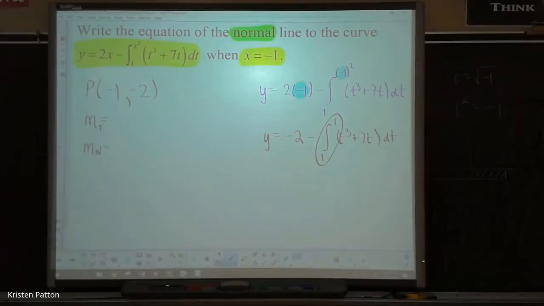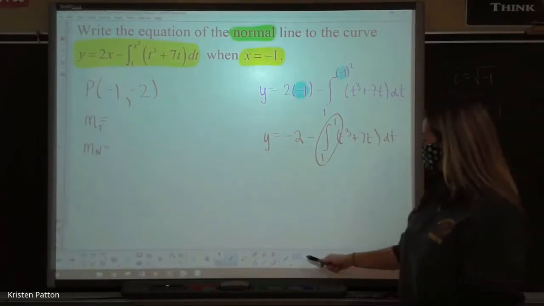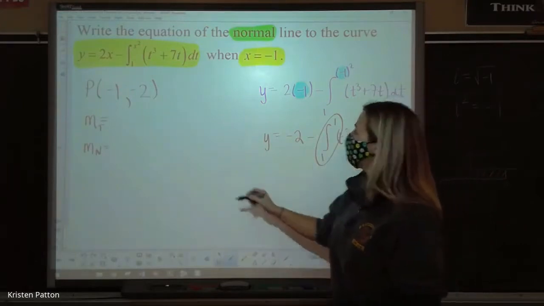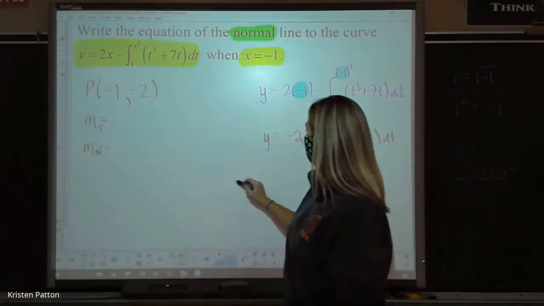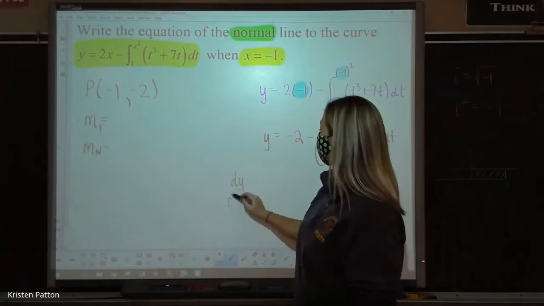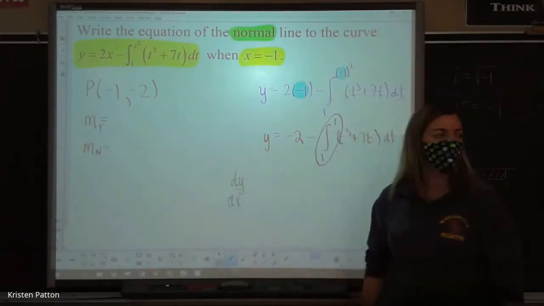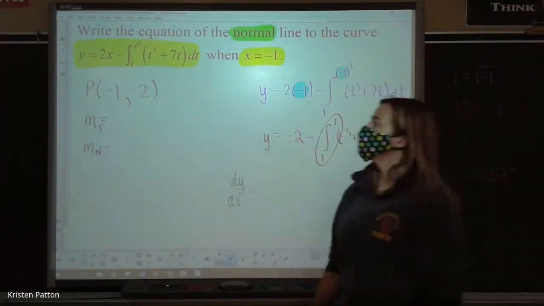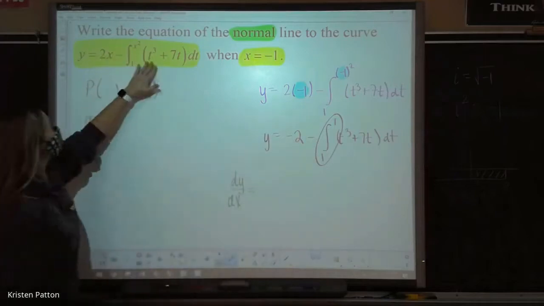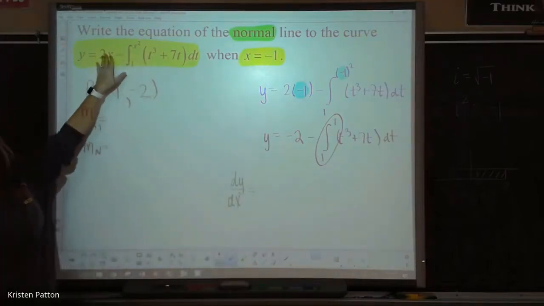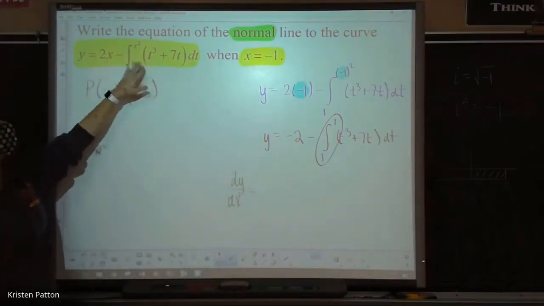We already said it. Slope comes from the derivative. So if I want to find the slope, let's find dy dx or y prime, same thing, whatever you want to call it. Look at my function. It has 2 terms. The sum and difference property says you can take the derivative of each term separately.